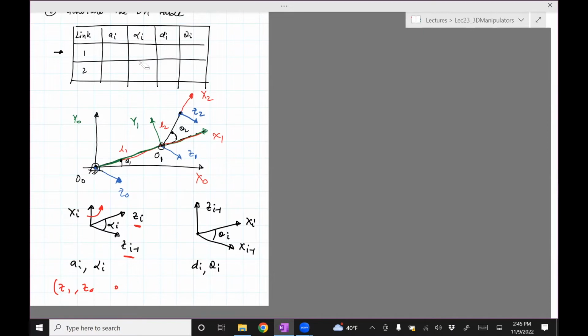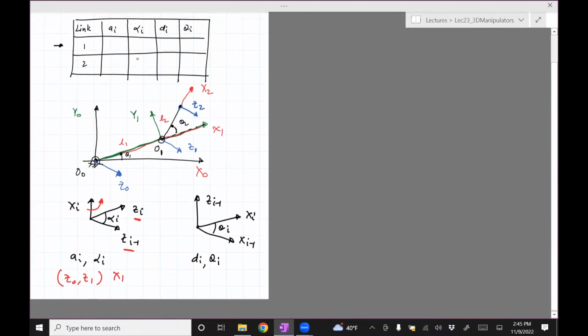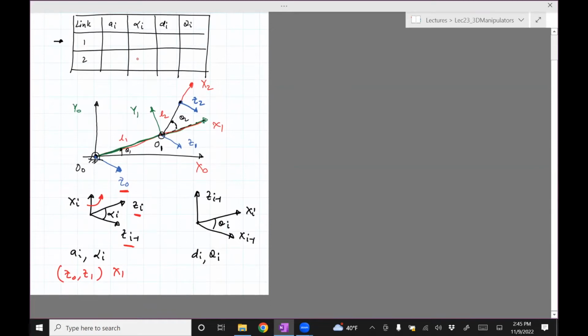So maybe I should write it this way: angle from z0 to z1 along x1. So z0 is here, z1 is here, and I need to rotate about the x1 axis, which is this, and find the angle between z0 and z1.